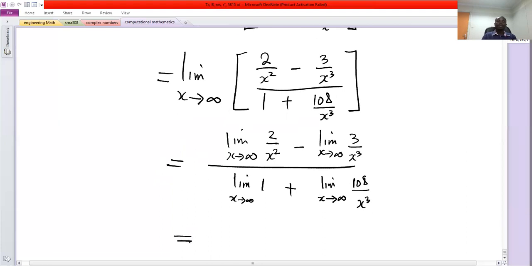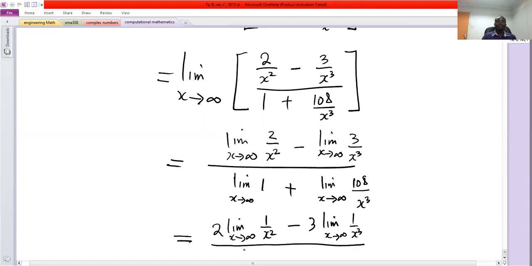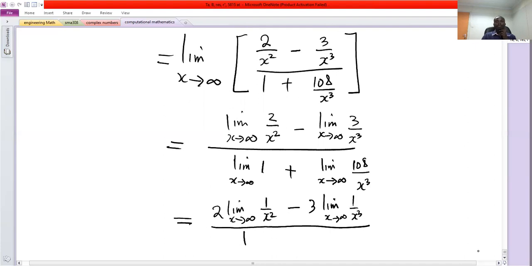which is the same as factoring out: 2 times the limit as x approaches infinity of 1 over x squared minus 3 times the limit of 1 over x cubed, divided by, so this is the limit of a constant, which regardless of where the value is approaching is always the same constant, and then plus 108 times the limit as x approaches infinity of 1 over x power 3.